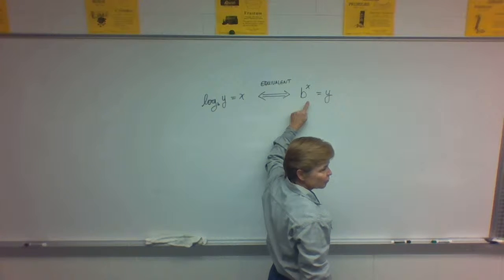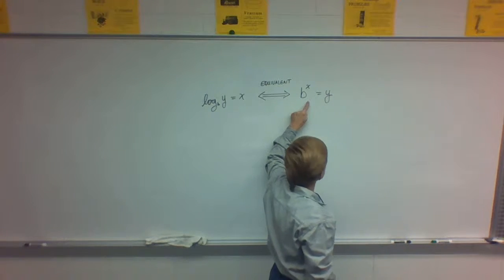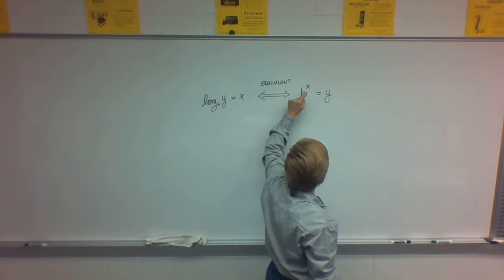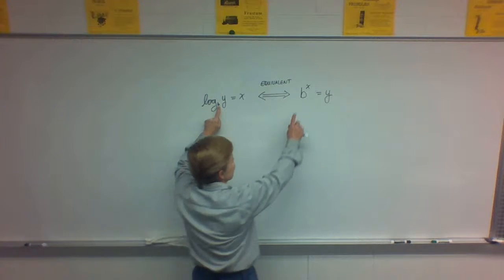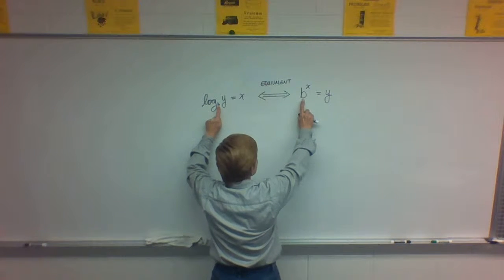Quite often we refer to it as an exponent. It's a loose use of the words. But the base is never used loosely. The base of the exponent is this big number here, and it's the anchor between the two. The base of the log and the base of the exponent are the same.